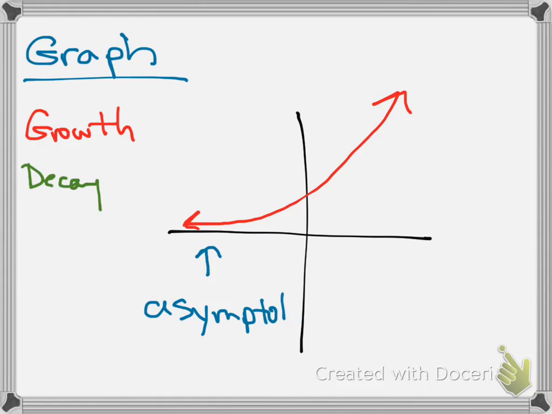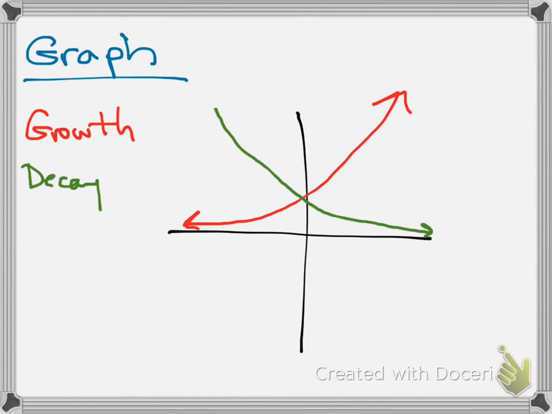So we also have another type of exponential function, and that's called exponential decay. And that function will look like this. Let me try it one more time. There we go.